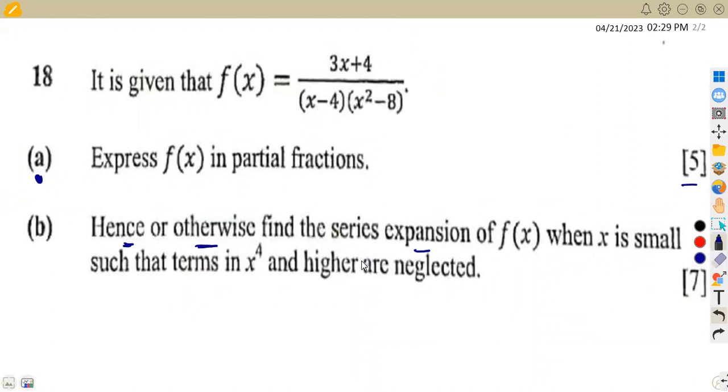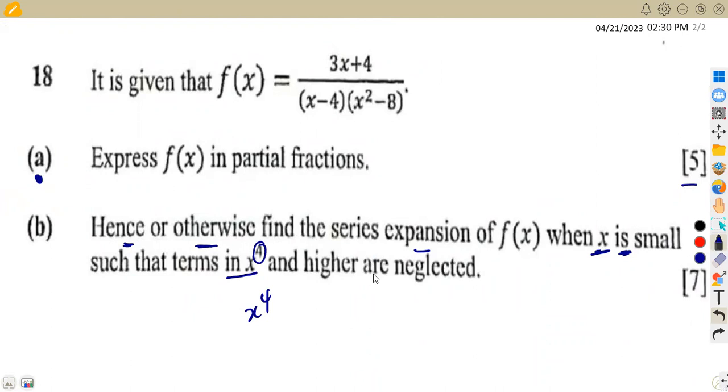We need the series expansion, where you expand a certain bracket. We are given this expansion of f of x when x is small such that terms in x to the exponent of 4 and higher are neglected.